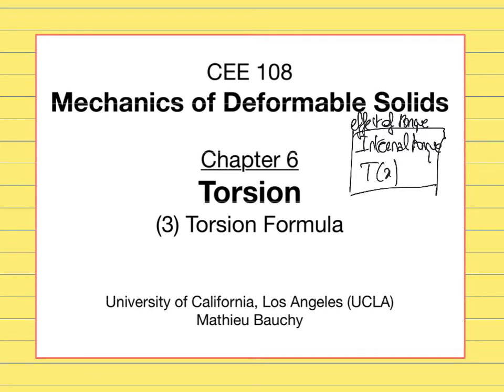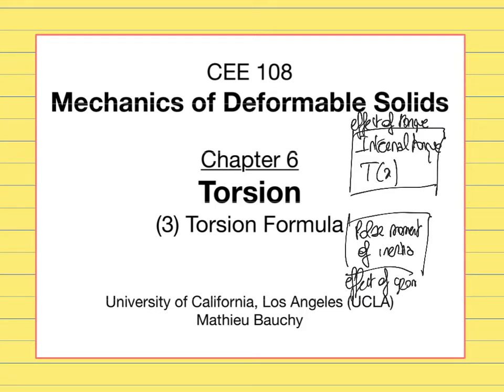But what we said is also that the thing that matters is not simply the torque, but also the geometry of the shaft. So we have a second quantity, the polar moment of inertia, which we defined in the previous video. The polar moment of inertia captures the effect of the geometry.